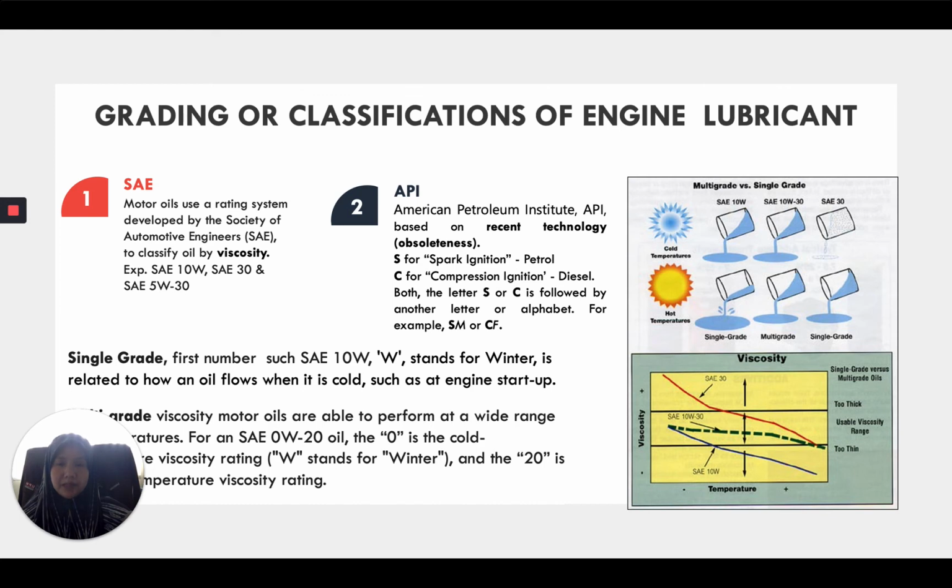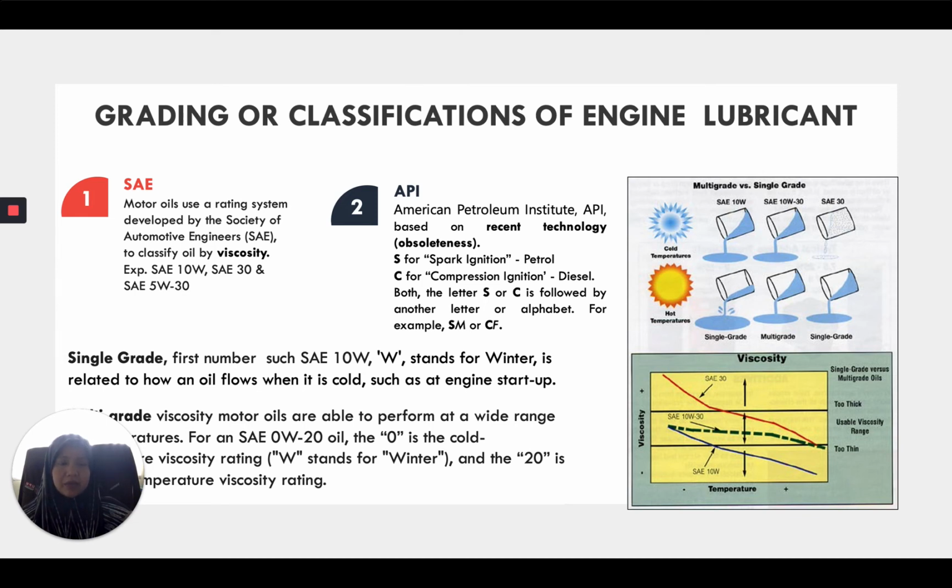As you can see here, this is the example and comparison between the multi-grade and single grade. We can see the SAE 10W. It is very good at cold temperature, but it is not good at hot temperature because it will be very thin.